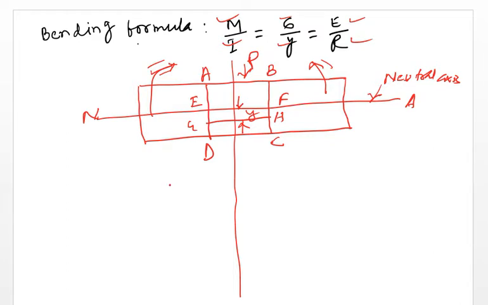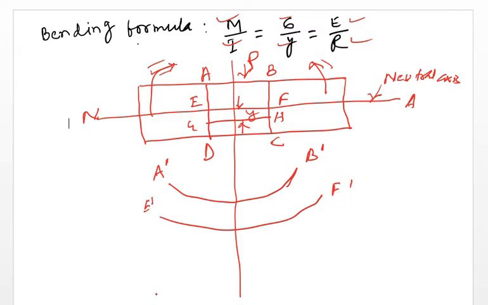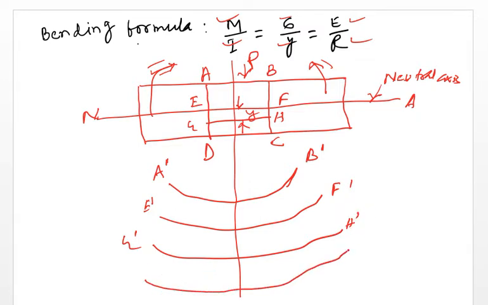Suppose after bending it looks like this: A dash, B dash, and this is E dash, F dash, and GH will become like this, G dash, H dash, and one more fiber, that is D dash, C dash, correct.